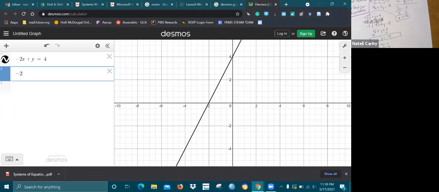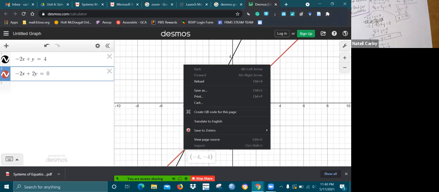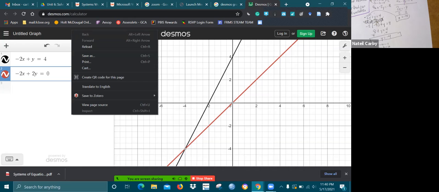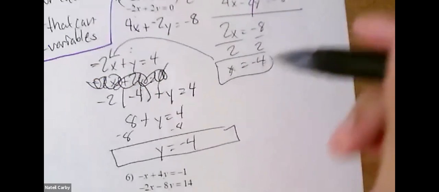Boom. Negative 4, negative 4. So I did have my negative 4 here and my negative 4.